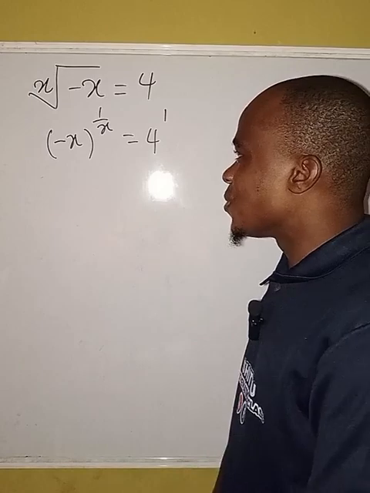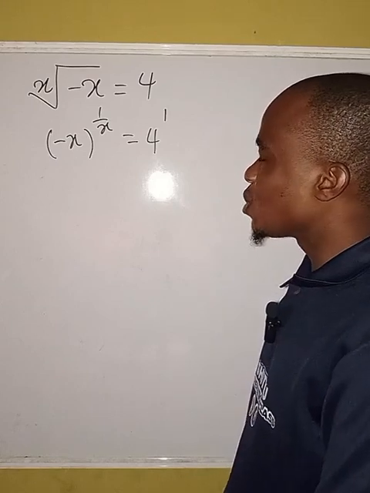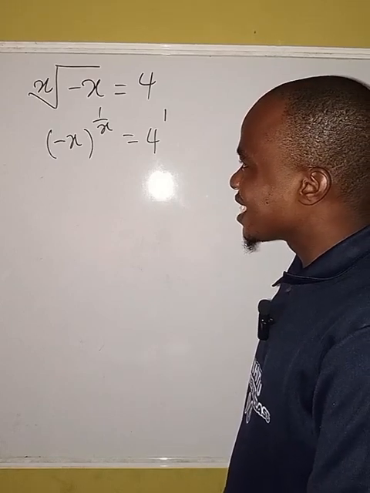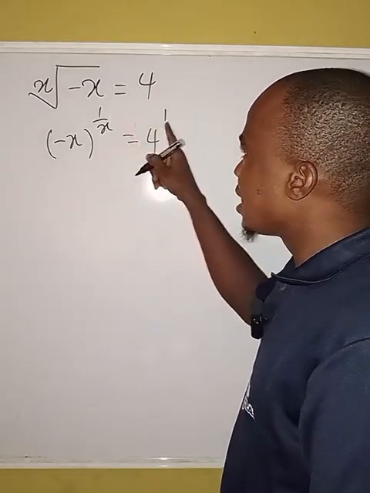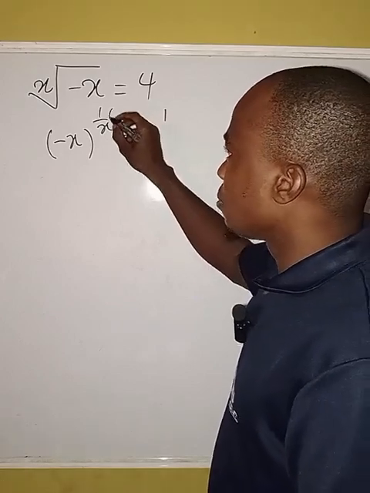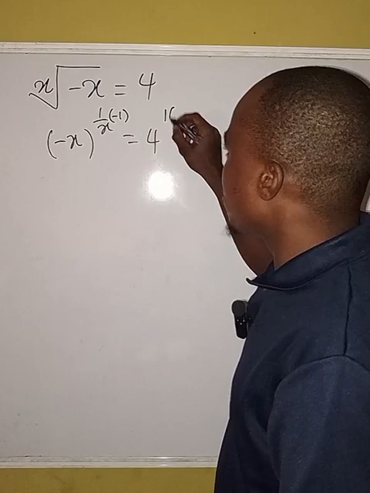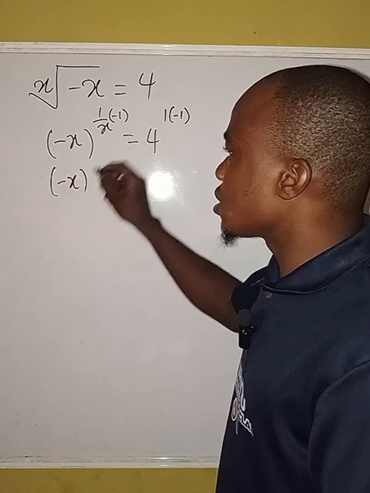So now what I'm going to do next is, you can see I'm looking for the value of x. If I try to multiply both these powers by minus 1, you can see I'm going to be having minus x.